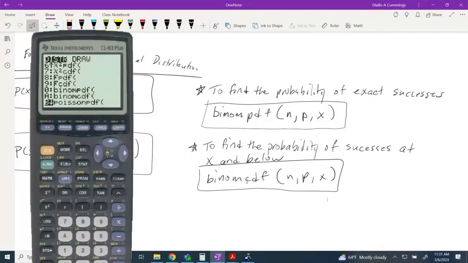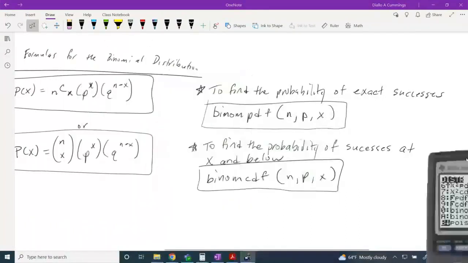It's going to cover everything prior in the course. So when you think about the binomial CDF, it's going to give you the probabilities of everything before the probability that you're actually given. All right, so it's going to give you the probability of that value and below. Okay, so that's the difference in the two.